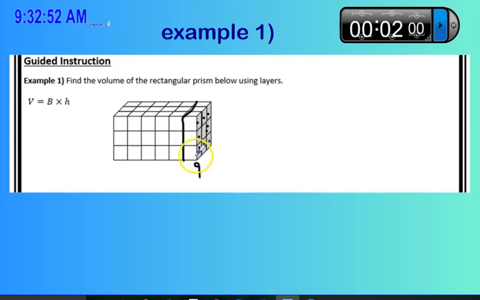How many layers do I have? I have 1, 2, 3, 4, 5, and 6 layers. So 9 times 6 would give me 54. So there are 54, and I'm going to put CU for cubic units.